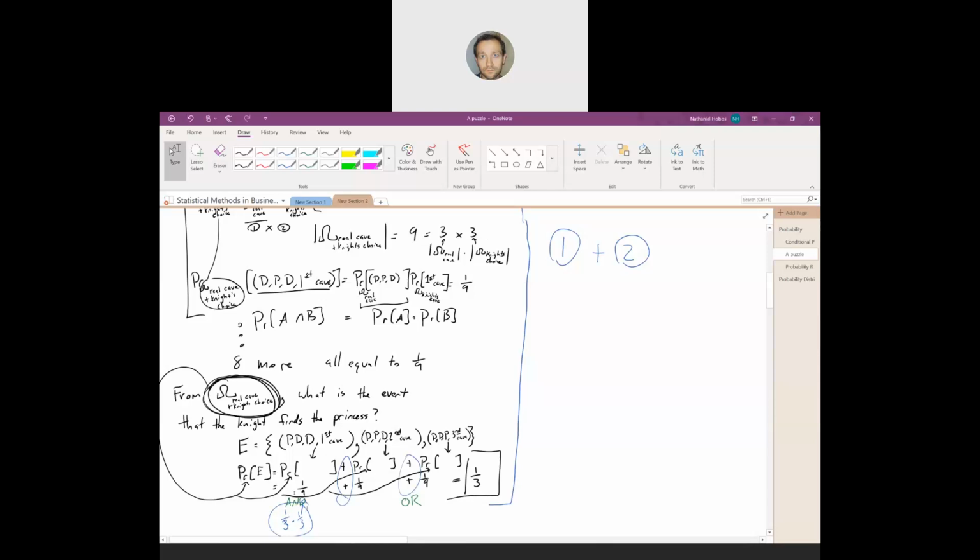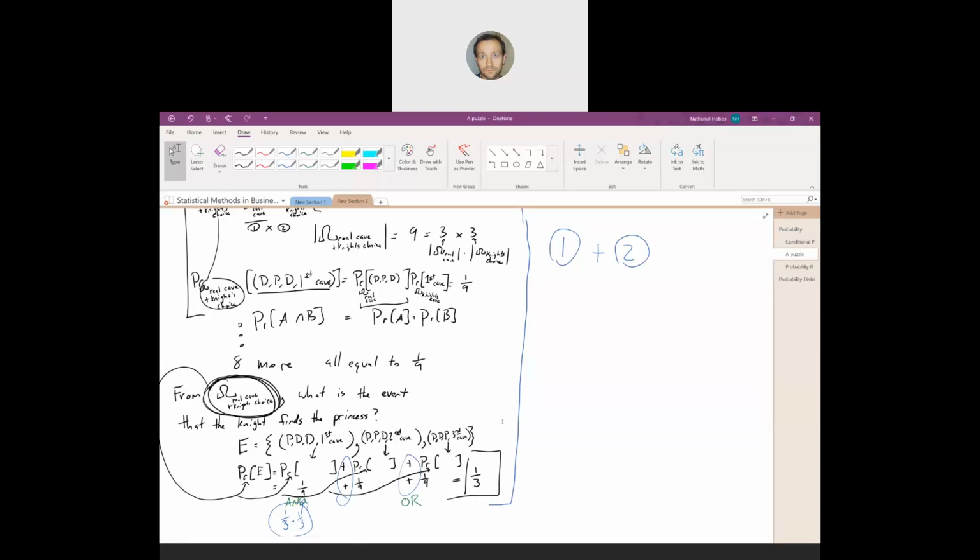So this is where each of the 1/9ths come from. And we're adding these together because we want to know if the prince can find the princess. And he can find her if he guesses right and she's in the first cave, or he guesses right and she's in the second cave, or he guesses right and she's in the third cave. And those are all of the ways that the prince can find the princess.